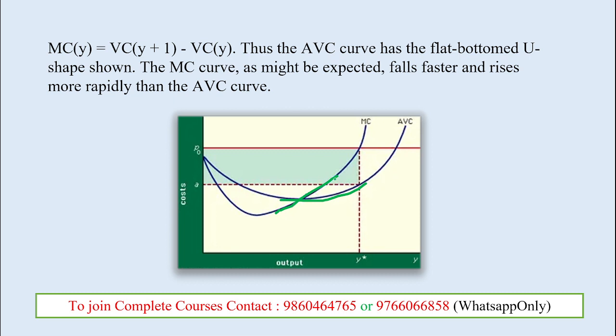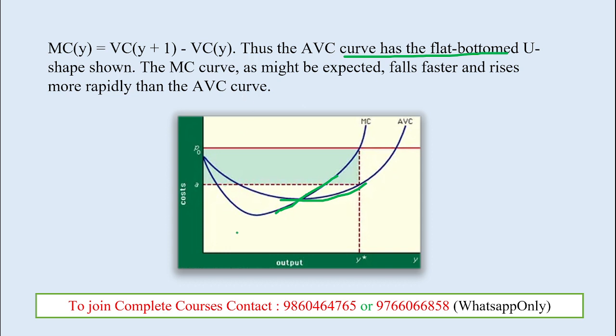Later ABC and MC are equal, and then again it goes to a disequilibrium. It causes the MC to increase and then ABC to decrease. So the ABC curve has a flat-bottomed U shape.